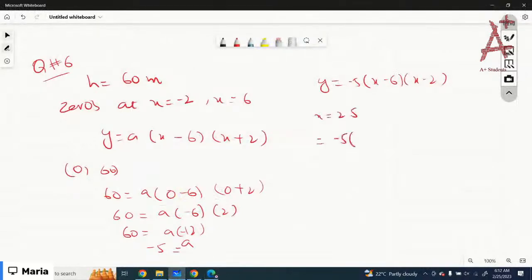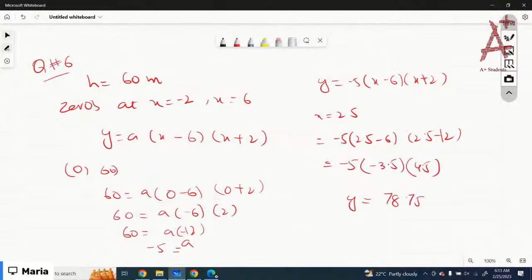So it is negative 5 times 2.5 minus 6, 2.5 plus 2. 2.5 minus 6 is negative 3.5, and it is plus 2, not minus. So 2.5 plus 2 is 4.5. When you calculate the value, it would be 78.75. That means the height of the flare is 78.75 when time equals 2.5 seconds.